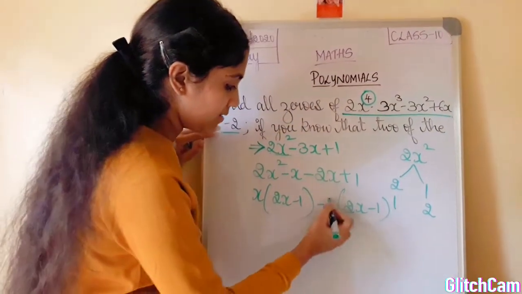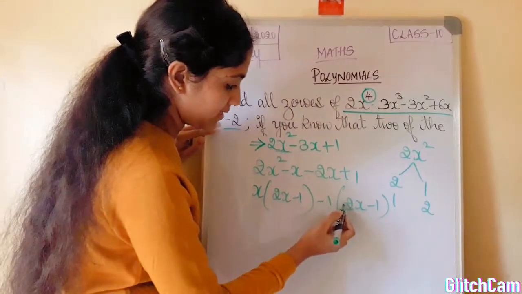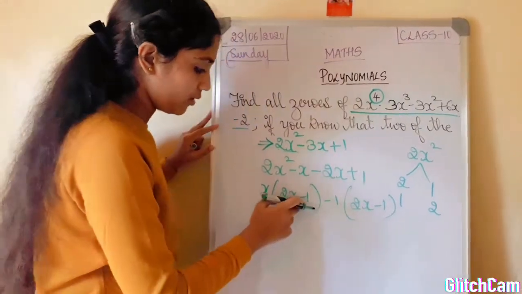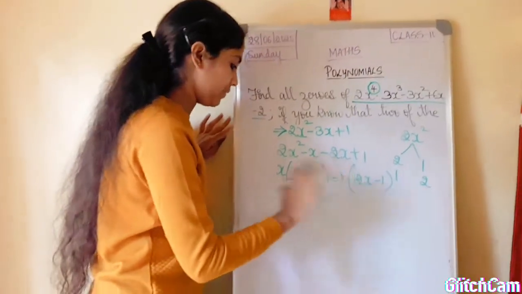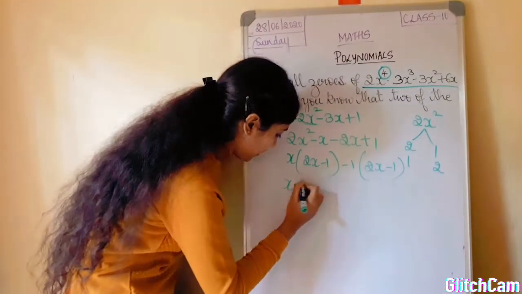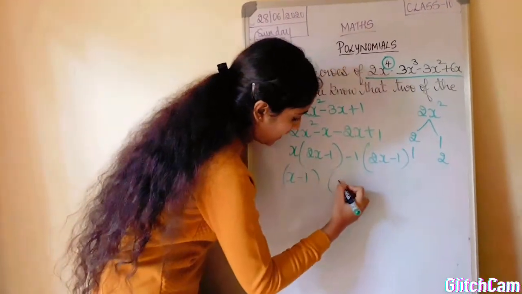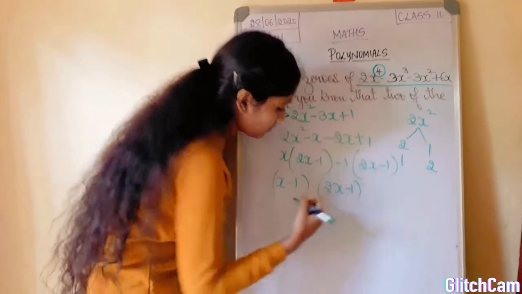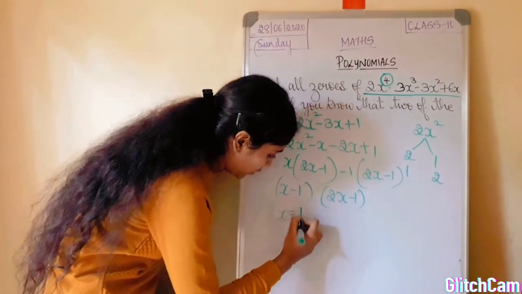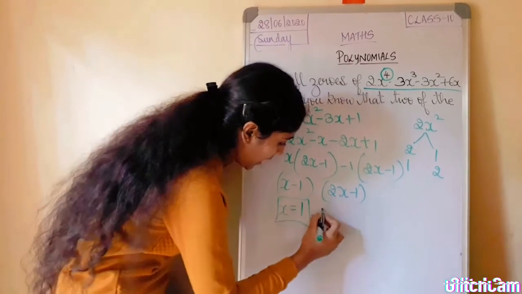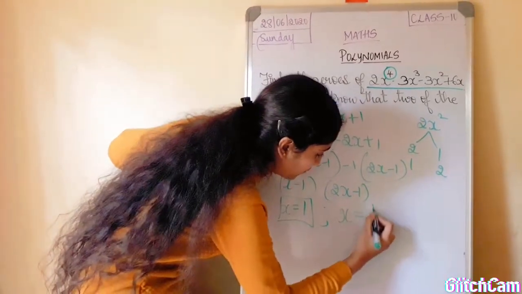See, minus into minus is plus and minus into plus is minus. Now you got 2x minus 1, 2x minus 1 twice, and that's why this is correct. Then you have x minus 1 and 2x minus 1. So the other two zeros are x is equal to 1 and x is equal to 1 by 2.